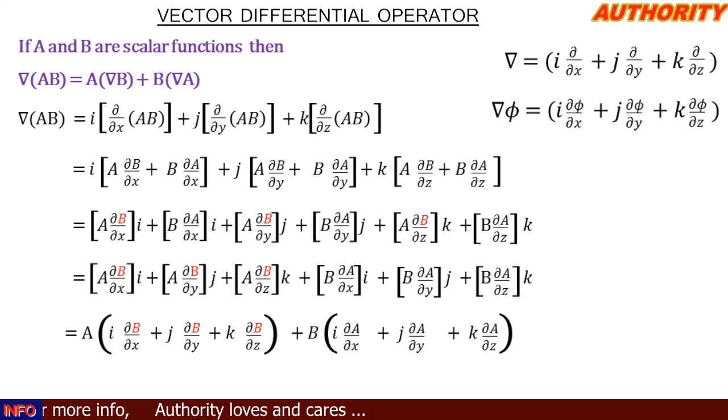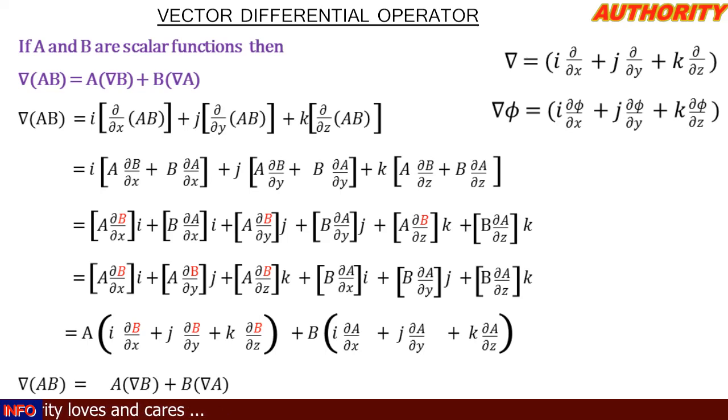Now carefully looking at this and going with our definition, we can see that the inside bracket is the partial derivative of B with respect to x, y, z on i, j, k components, which is exactly what we mean by the gradient of B. That is the definition of a gradient of B. So this one is A gradient of B, and that was a plus.